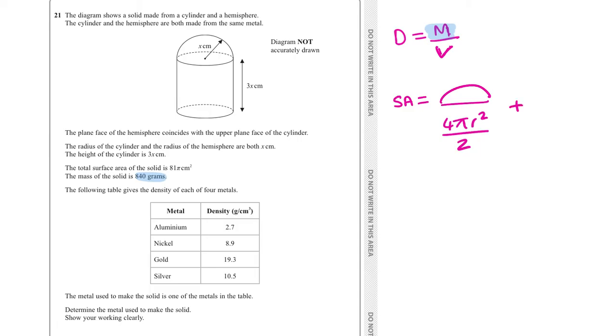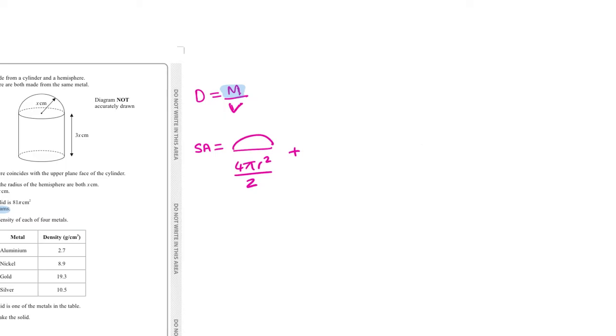Plus the surface area of a cylinder, okay? However, normally with a cylinder we have the rectangle, and we have the top and the bottom. But because this top is connected to the sphere, we don't have that anymore.